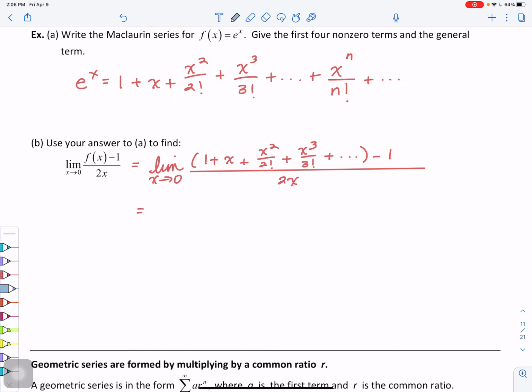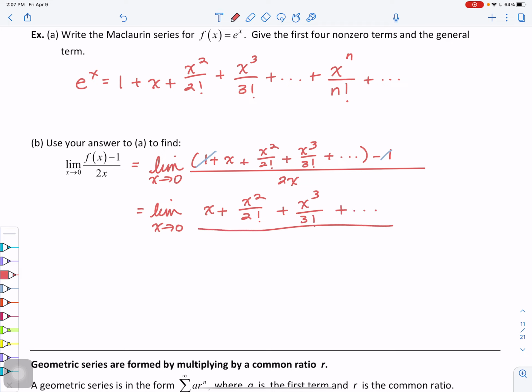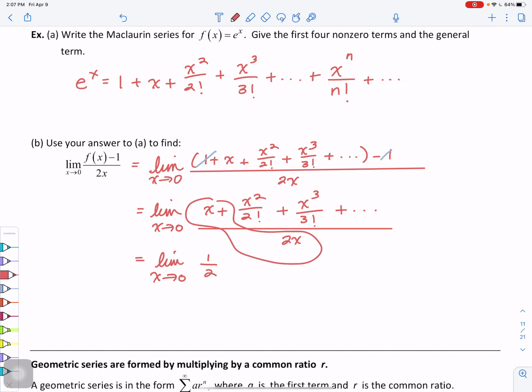And as you can see here, the 1's cancel, and we will have the limit as x approaches 0 of x plus x squared over 2 factorial plus x cubed over 3 factorial plus dot, dot, dot, all divided by 2x. And as you can see, you're going to get 1/2 because we have x divided by 2x.